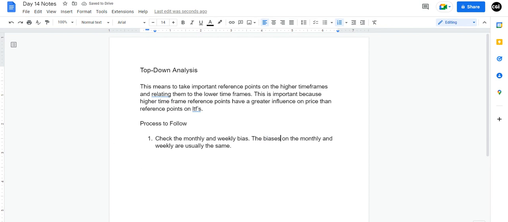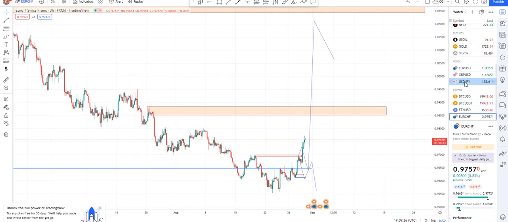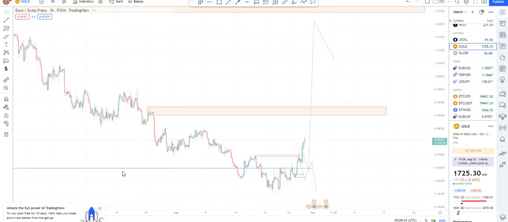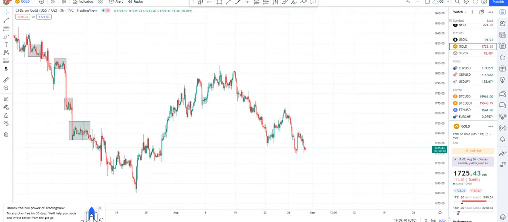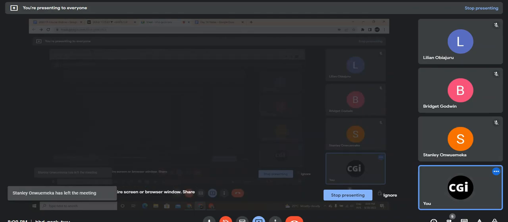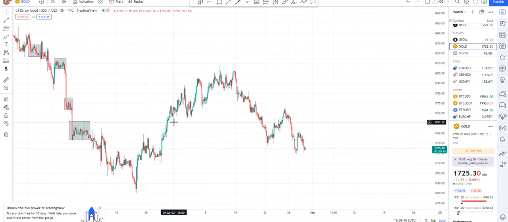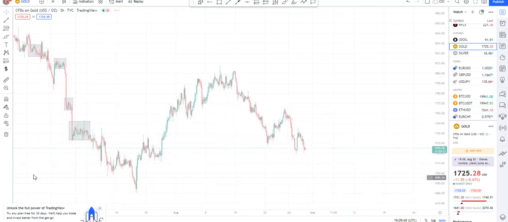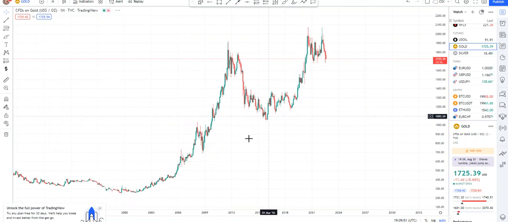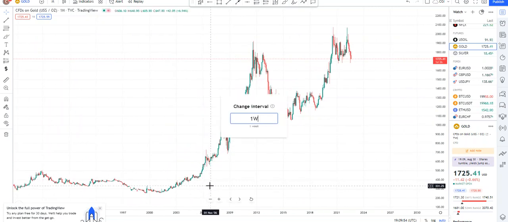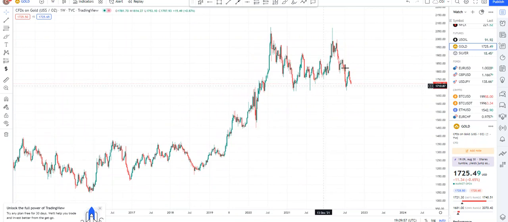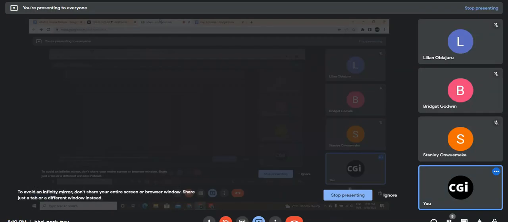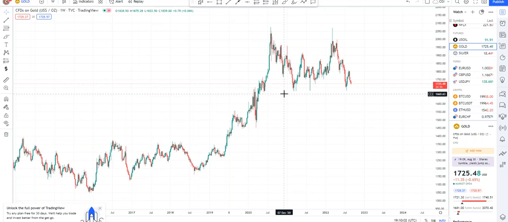Let me use gold for example, something I've never used before. We go to the monthly chart, and you have a strong uptrend. We go to the weekly chart, and you have a strong uptrend as well.